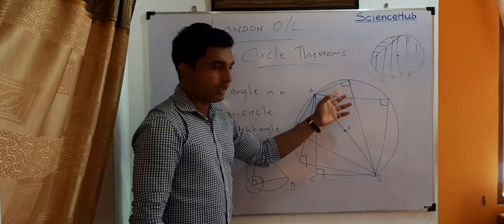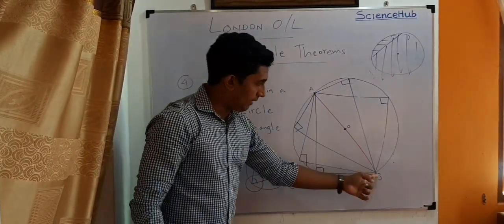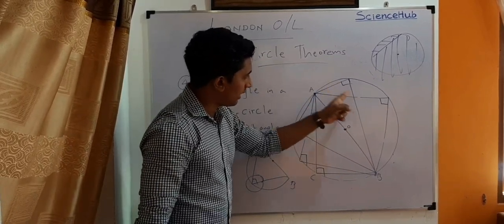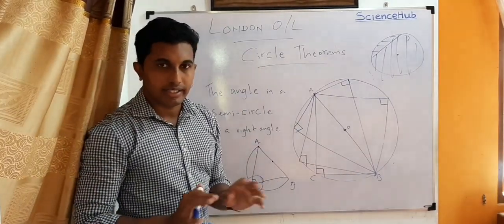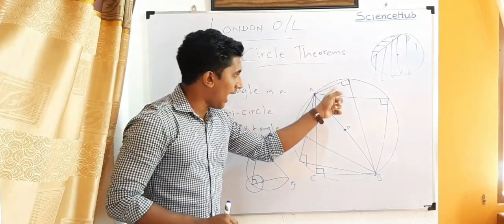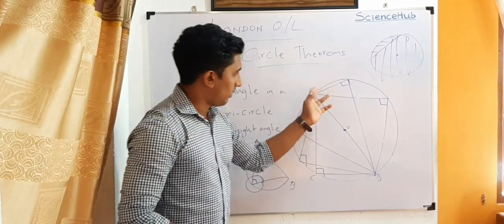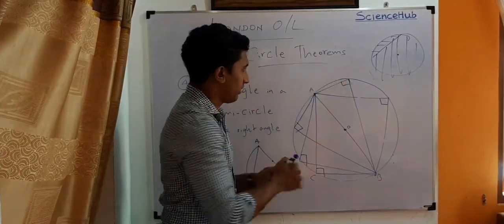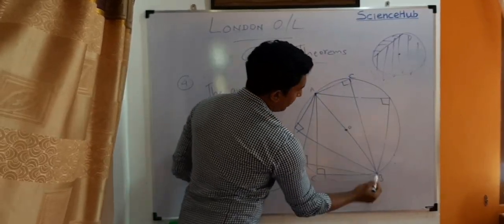Except this A and B, the other two sides, this side and this side, can be different in length, but this angle value is 90 degrees. If this one is C, then AC and BC.